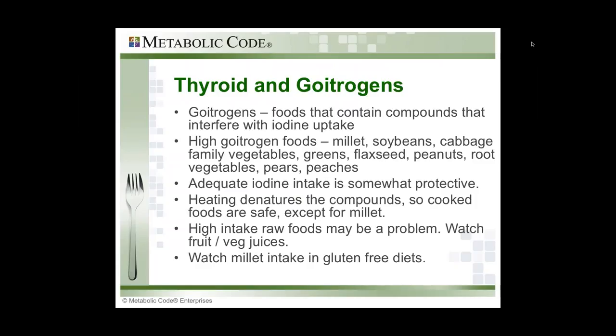So let's talk about goitrogens. Goitrogens are foods that contain compounds that interfere with iodine uptake. And the high goitrogen foods, number one is millet. Soybeans are high in goitrogens, cabbage family vegetables, greens, flax seeds, peanuts, root vegetables.